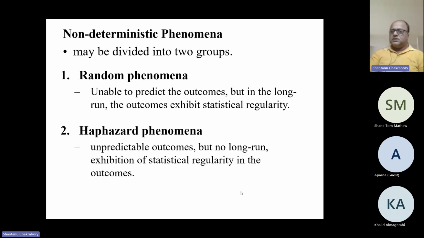A non-deterministic phenomenon may be further divided into two different groups. The first group is called random phenomena and the second one is called haphazard phenomena. Random phenomena are the ones where we are unable to predict the outcome, but in the long run, the outcome exhibits statistical regularity.